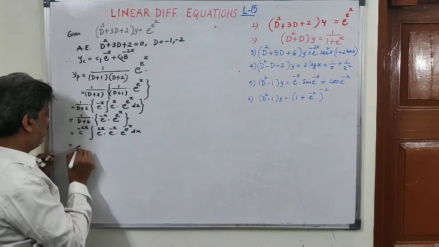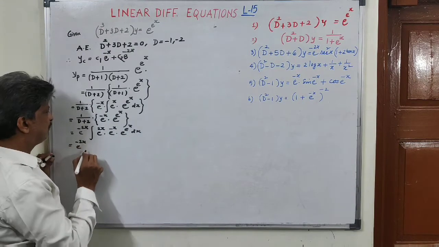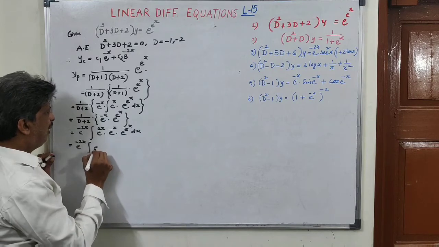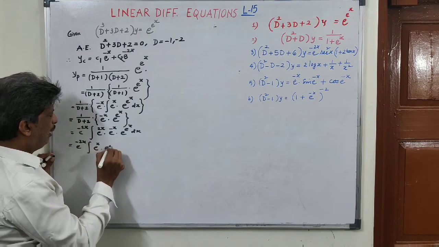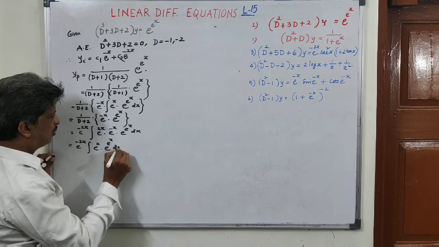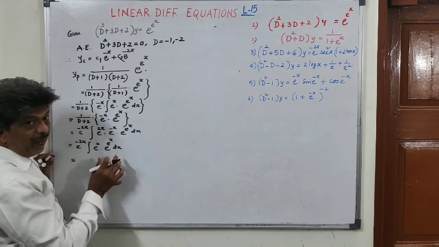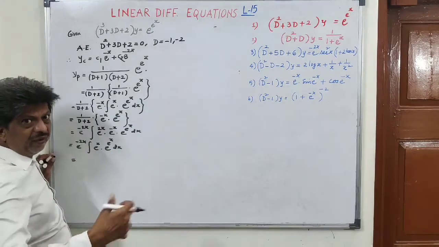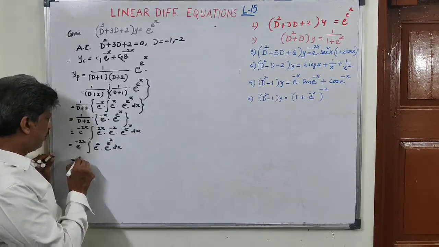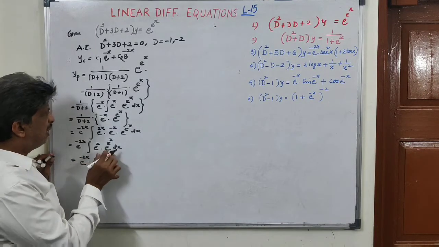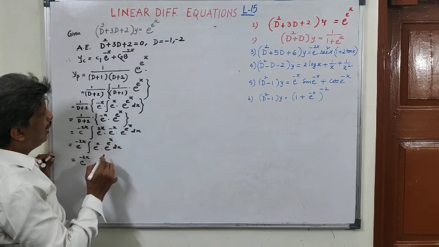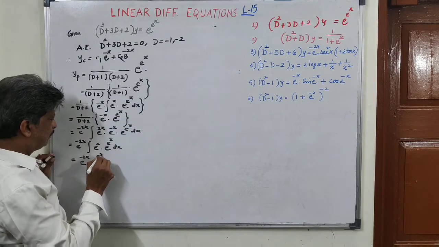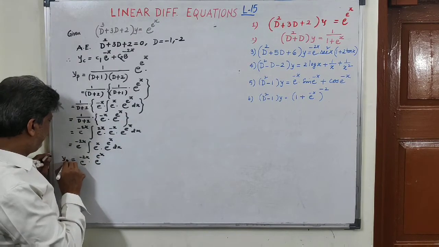So that is further equal to e raised to power minus 2x into the integral of e raised to power x into e raised to power x. The same integral is featuring once again. So e raised to power minus 2x into, the integral is the same as e raised to power x. So this is yp.